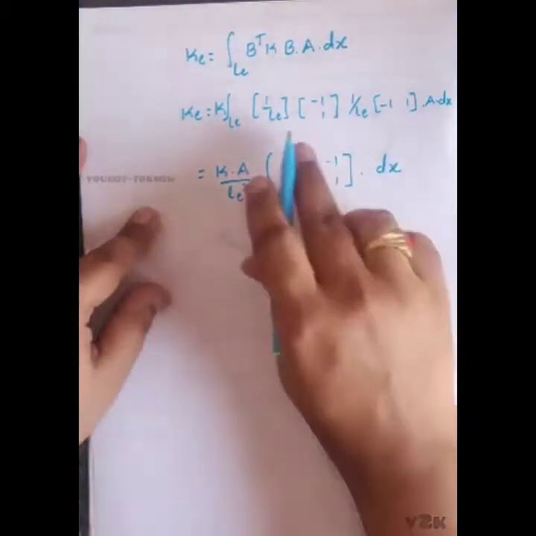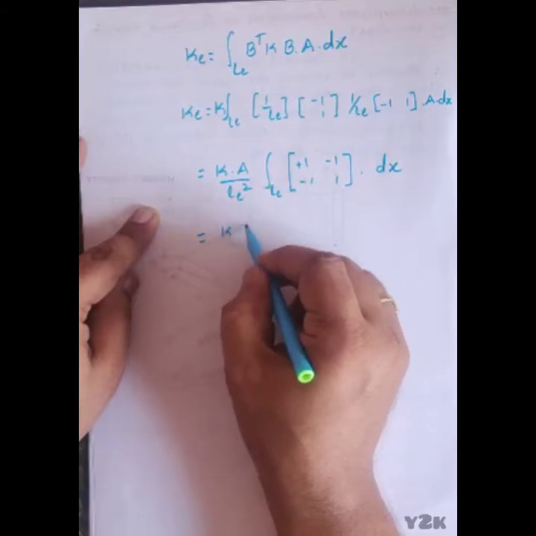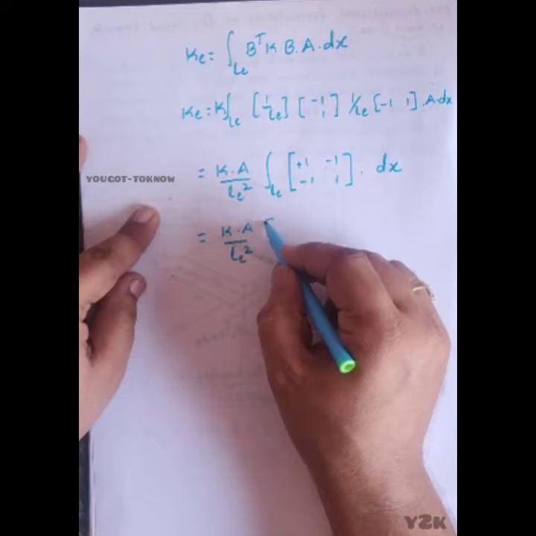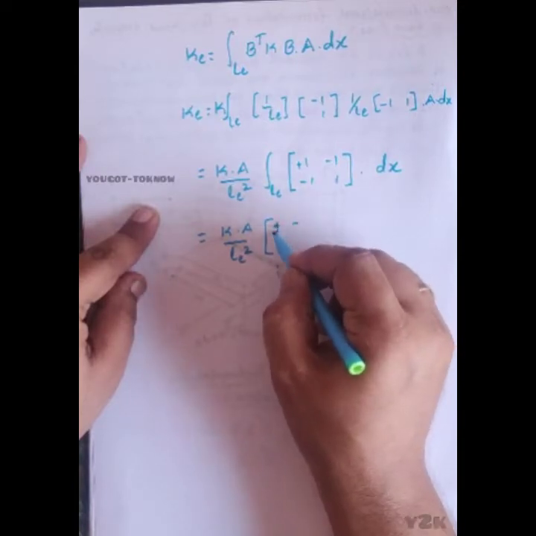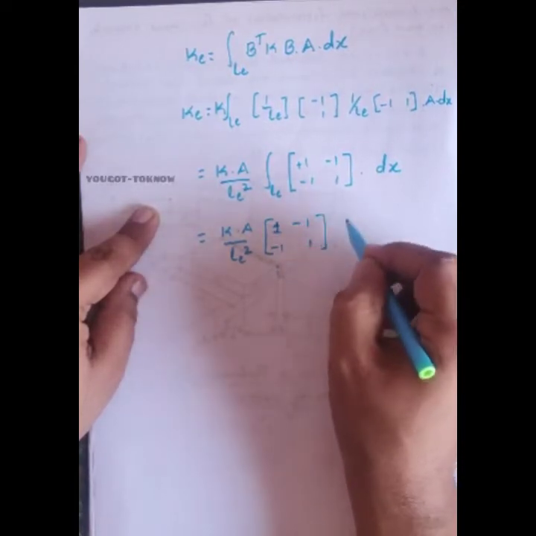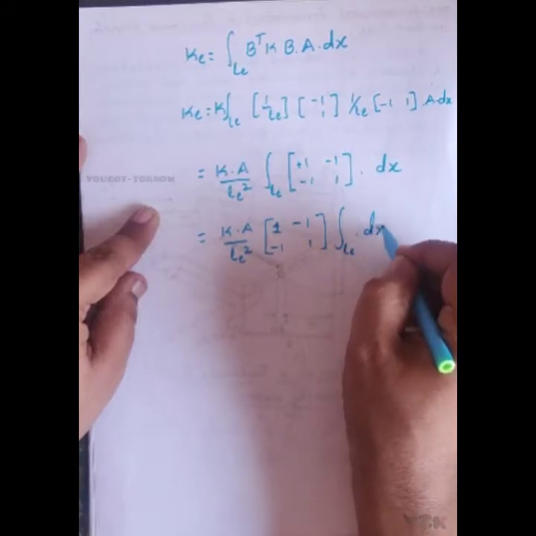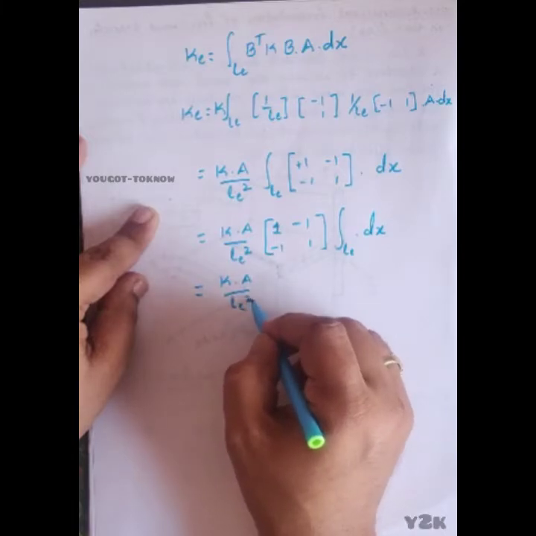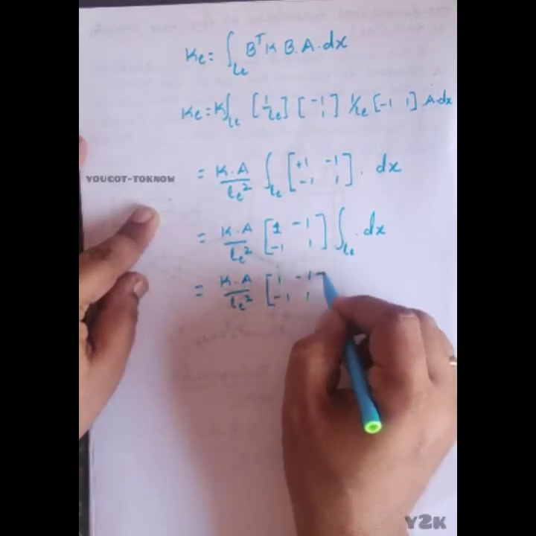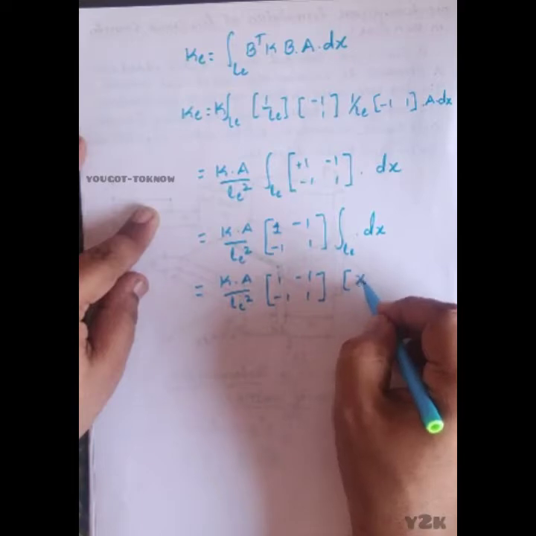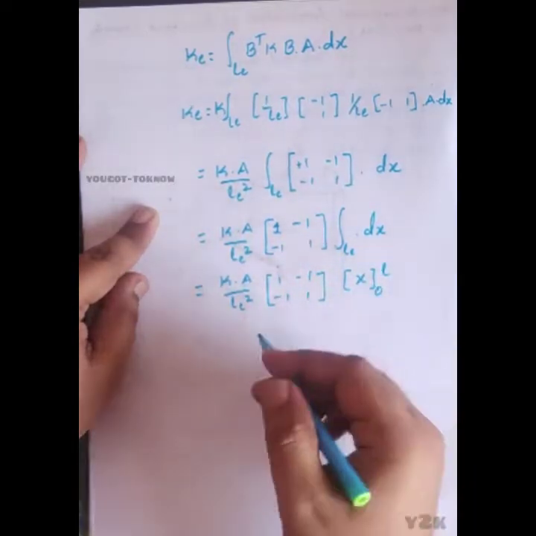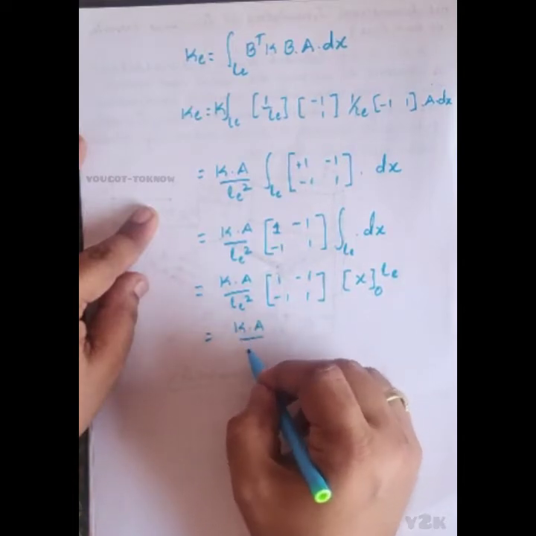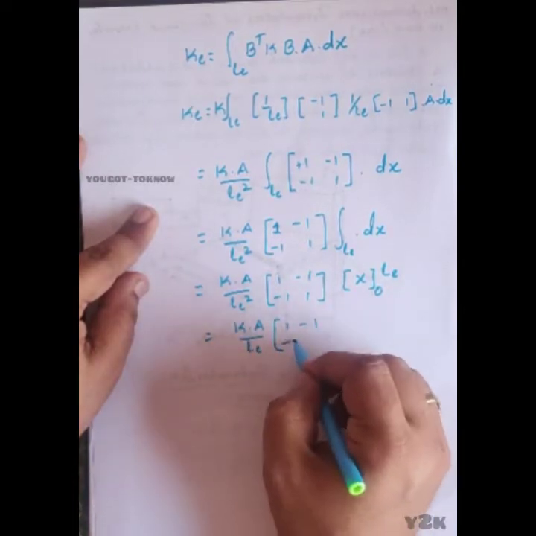Integrating dx as a line integral from 0 to LE gives the length of the element, so K A by LE squared times LE. If you solve this, you get K A by LE times the matrix 1, minus 1, minus 1, 1.